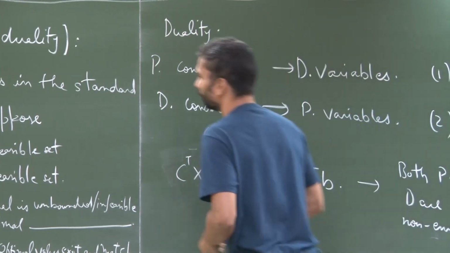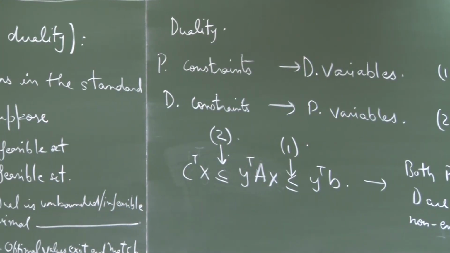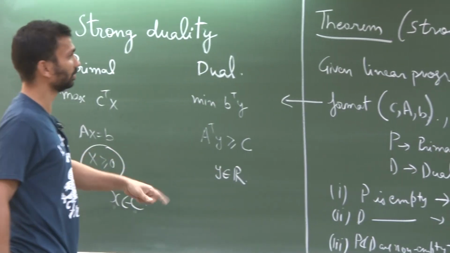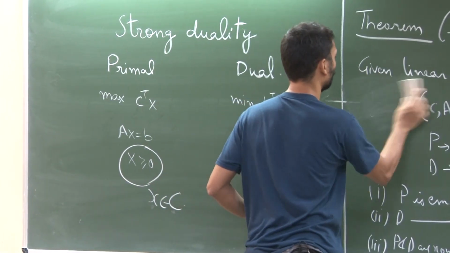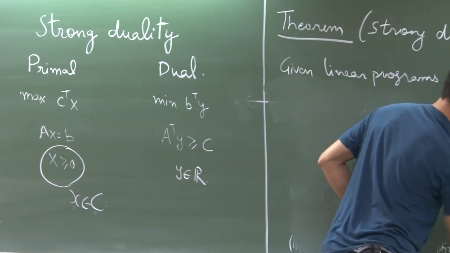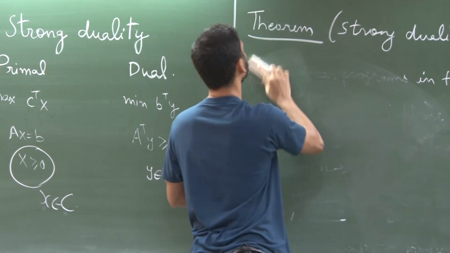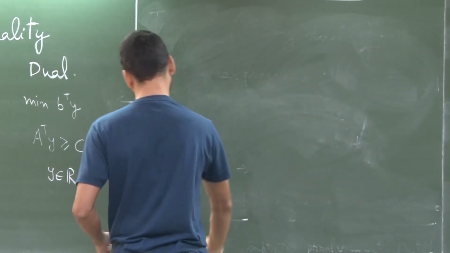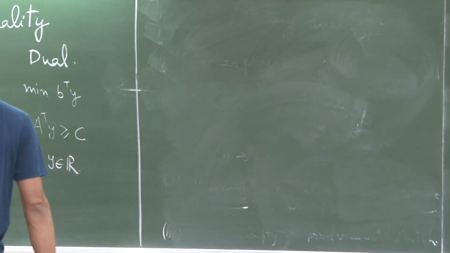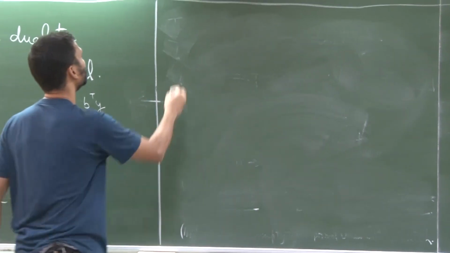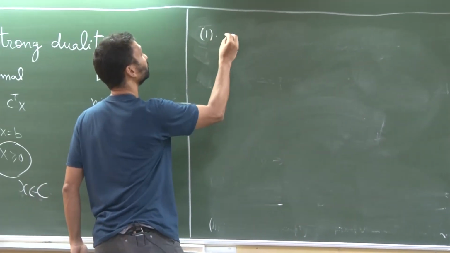Okay, now we are ready for the proof. I will erase this, you will remember this. Actually, let me just keep it, I think it's important. So let's take the first case.